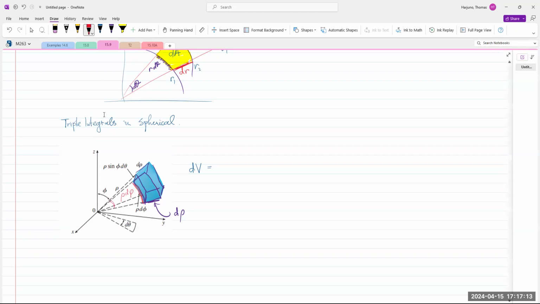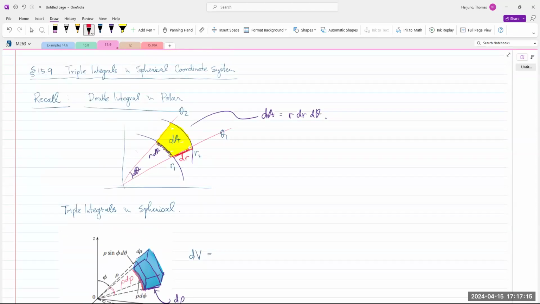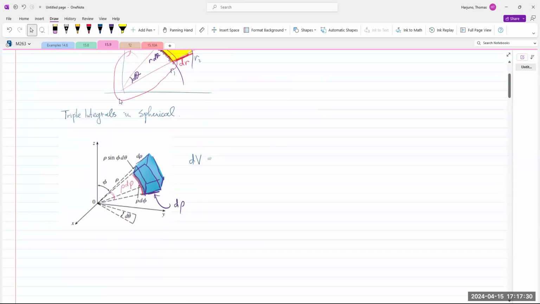The same reason we have here: the length of this arc is the change of the angle d theta times the distance from the origin. The length I mark in red here is the change of the angle d phi multiplied by the distance from origin rho.